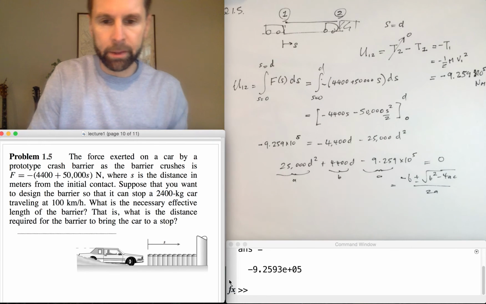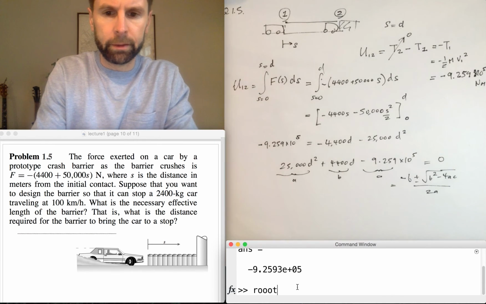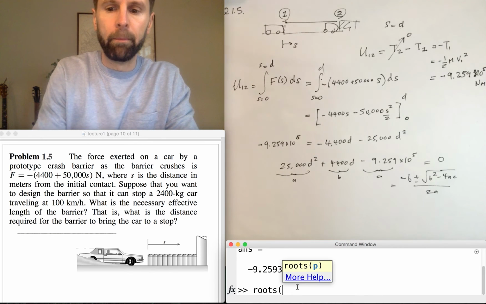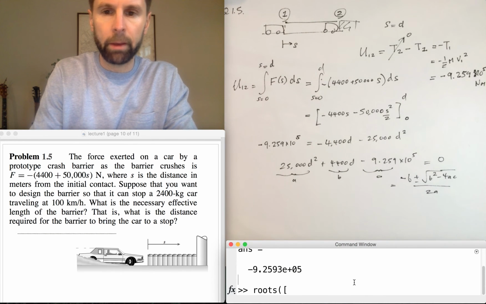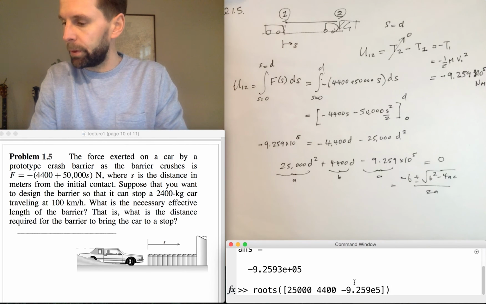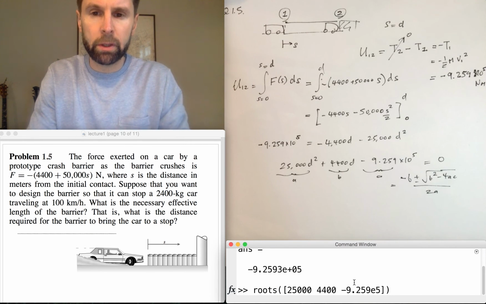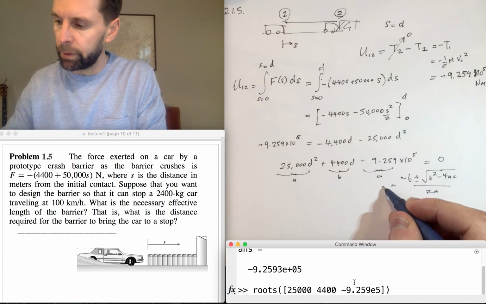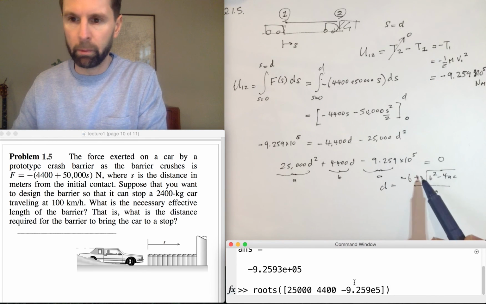Now I've got MATLAB here, so I don't have to do that. I've got a nice simple command that I can type in. So firstly I put in A, then I put in B, 4,400, and then I put in C, 9.259 e to the 5. And this should give us the stopping distance. Well, actually it will give us two values of D corresponding to plus or minus the square root.